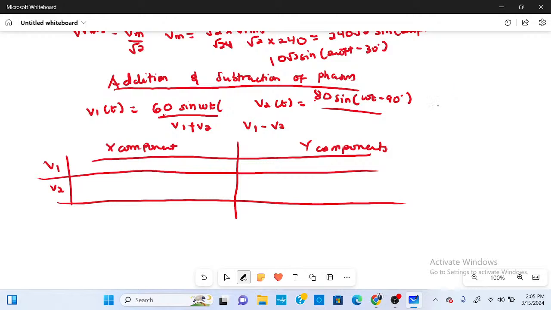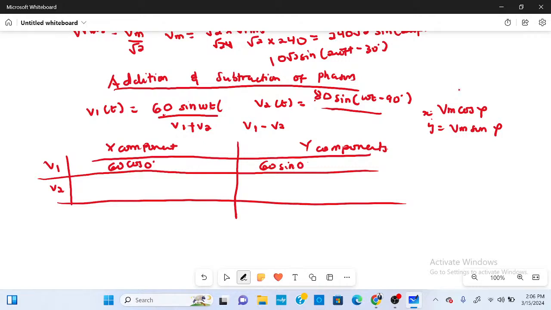So let me write it here: Vm cos the phase angle, then the y part is equal to the peak sine the phase angle. So here I'm going to get 60 cos 0, the phase angle here is 0, then 60 sine 0.